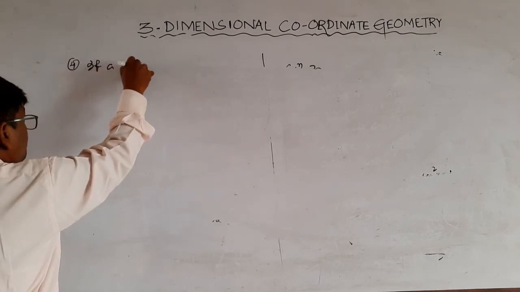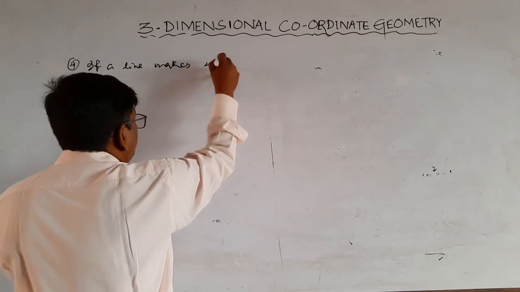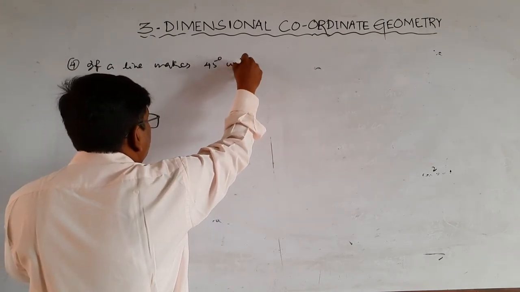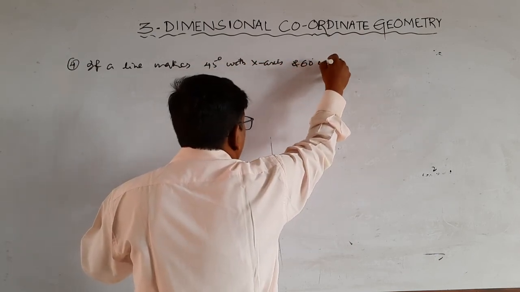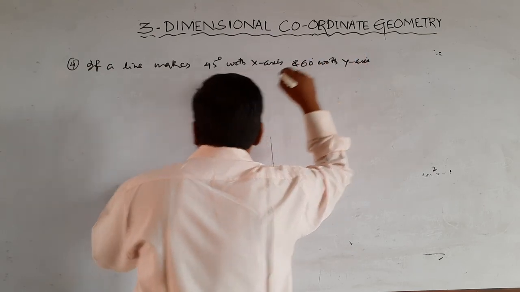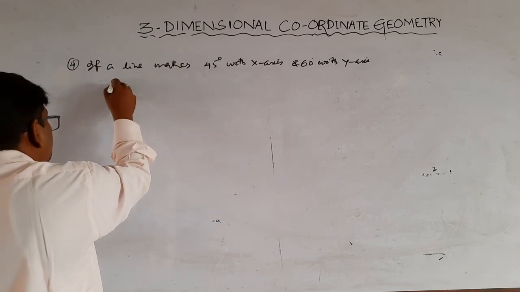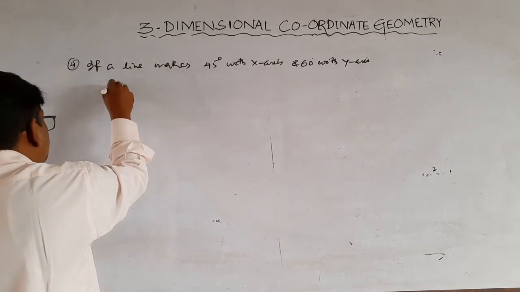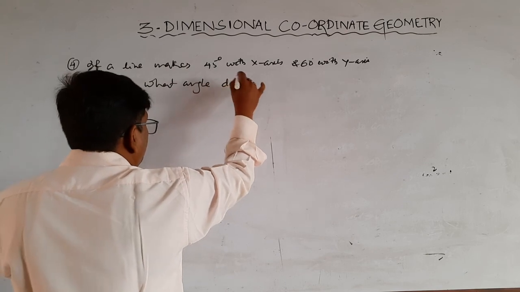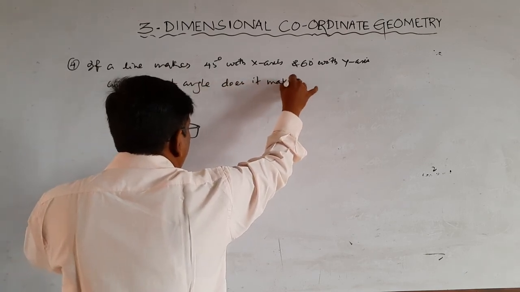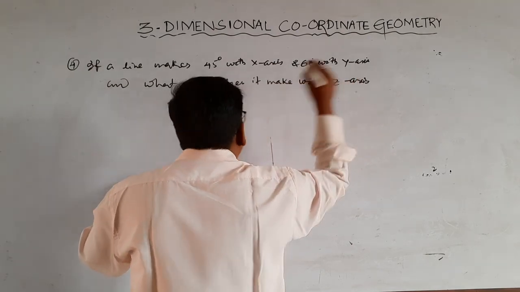If a line makes 45 degree with x-axis, 60 degree with y-axis, what angle does it make with z-axis? This is the question.